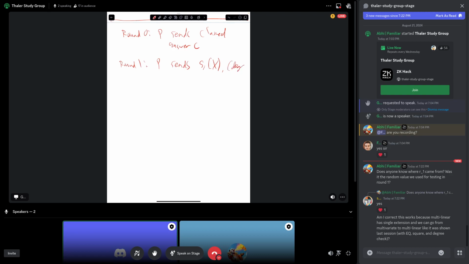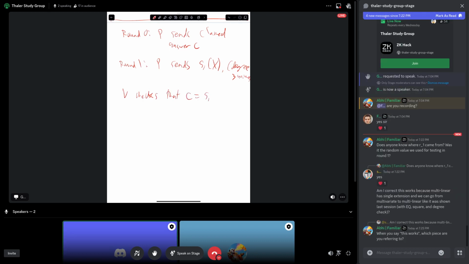So degree 3 univariate polynomial. The verifier checks that the claimed answer is S_1 of 0 plus S_1 of 1. The verifier picks r_1 at random from the field, sends it to the prover.